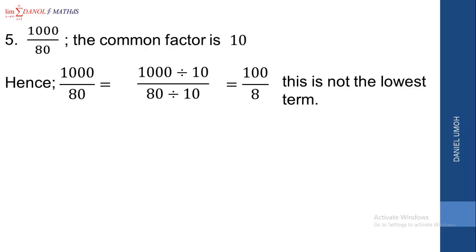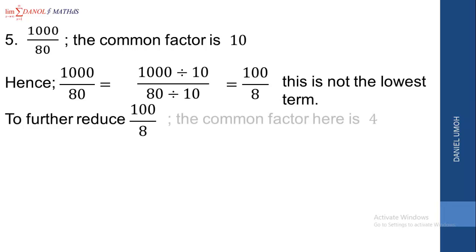Whenever you are reducing a fraction to its lowest term, and after the first reduction you discover that the term you got is not the lowest term, what is expected of you is to further reduce it again. So in this case, we are going to further reduce 100 over 8. The common factor here is 4.